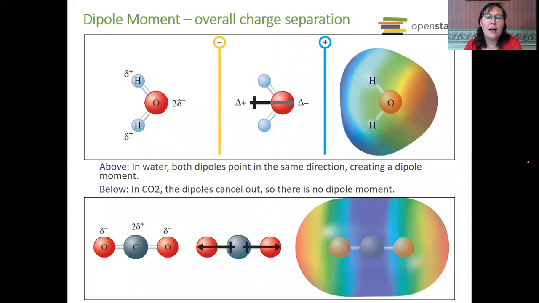All right, so the first section where we're looking at dipole moments is here where we compare water and carbon dioxide. A dipole moment is an overall charge separation. You can see on these hydrogens that we have what's called a delta positive, and on the oxygen, we have a delta negative. We actually have a 2 delta negative because oxygen often forms a -2, even though in this case they're sharing, there's no charges.